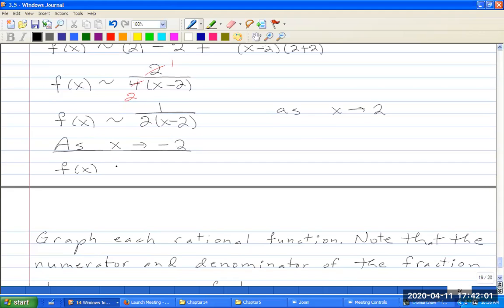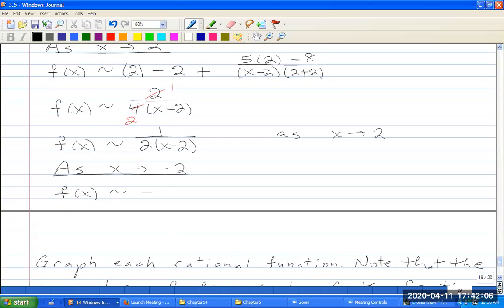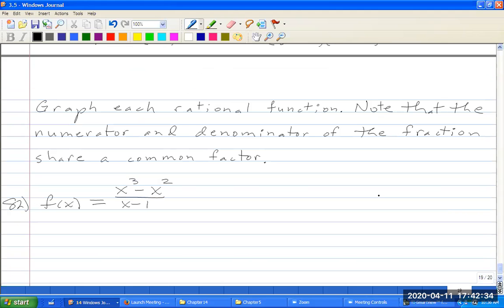So f of x is very similar to x minus 2 plus 5 times x minus 8 over x minus 2 times x plus 2. Okay, so let me get a little more room here.